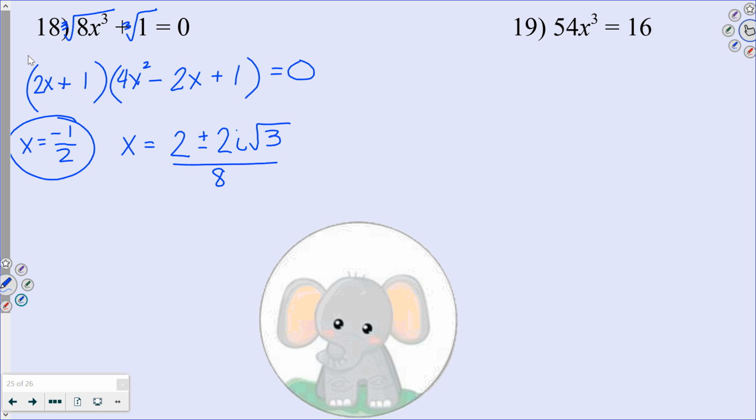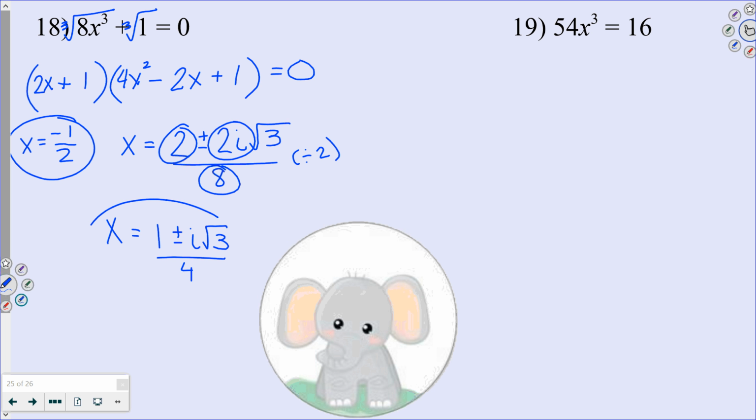Heck no, I don't need my calculator. Yeah. And then I do need to try to simplify. All three numbers can be divided by 2. So I get 1 plus or minus I radical 3 over 4. So I still need to actually simplify it.